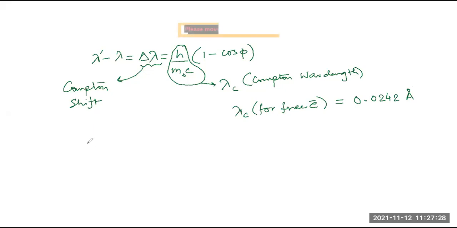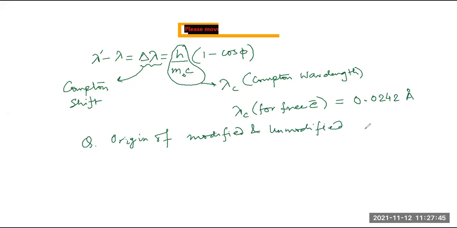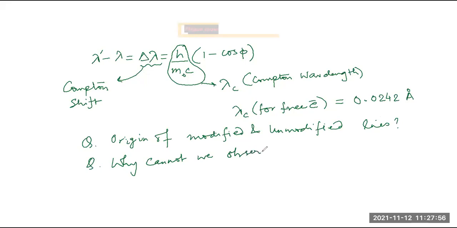And next we did two questions: the origin of modified and unmodified lines, and why we cannot observe the Compton effect with visible light.